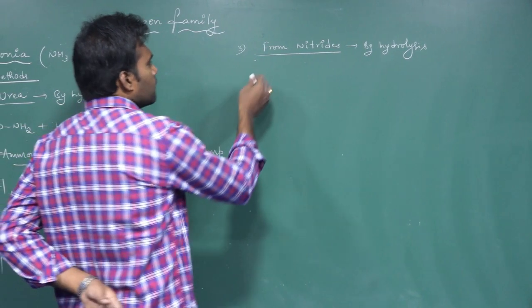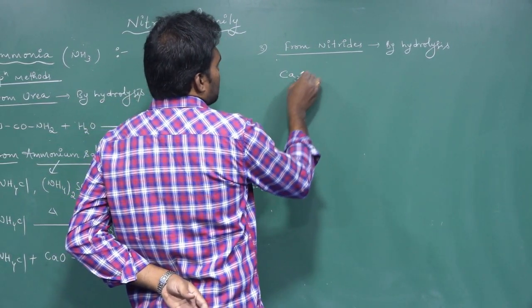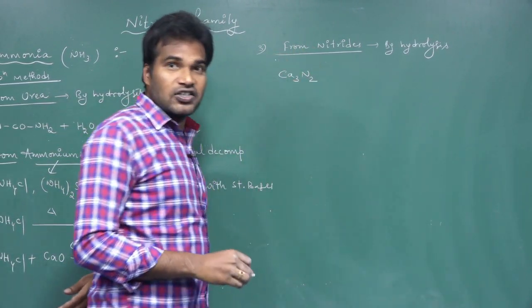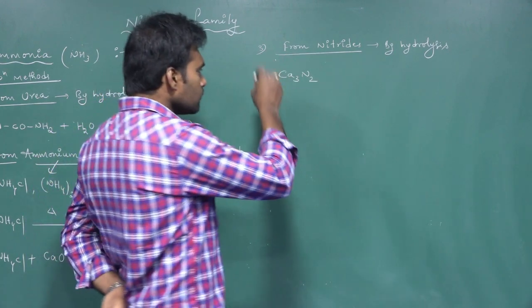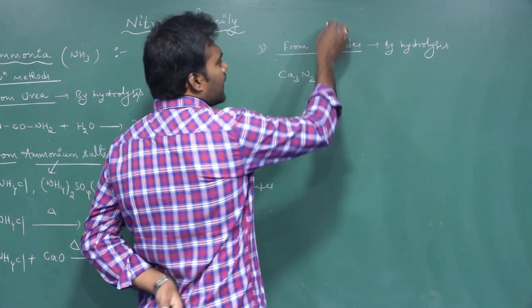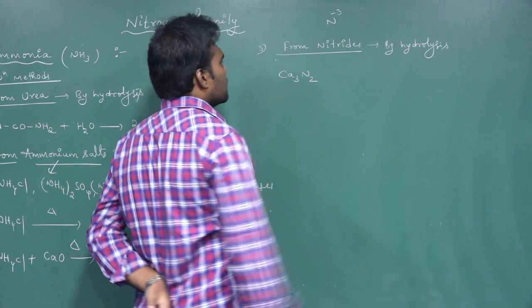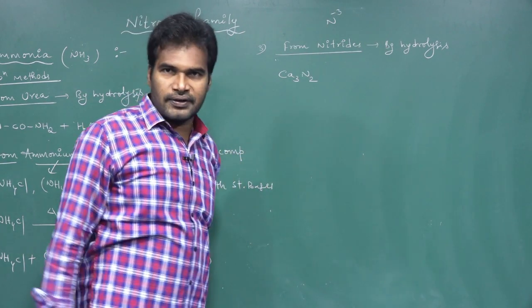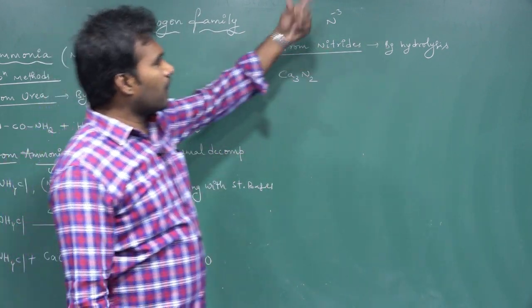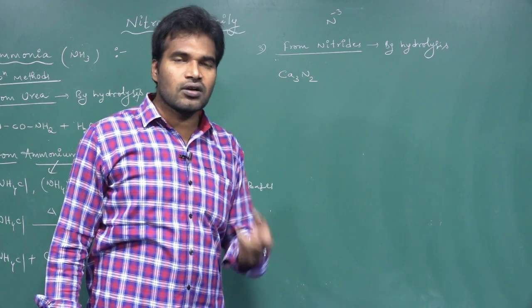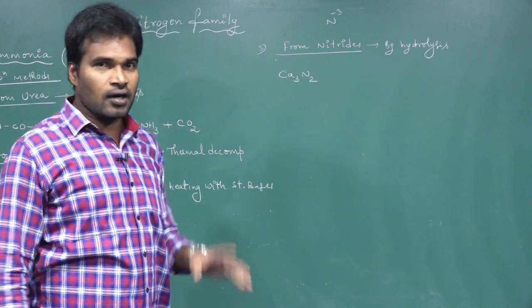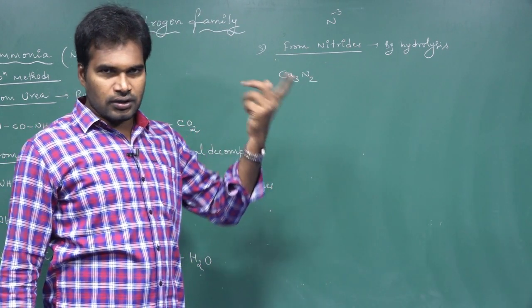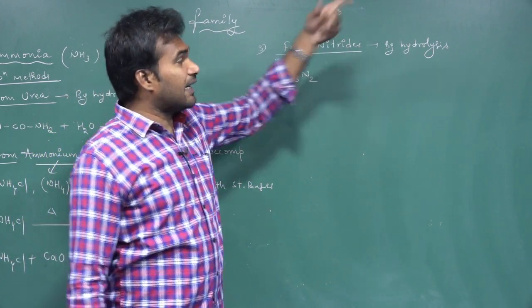So here I am taking calcium nitride, Ca3N2, calcium nitride. Nitride generally means nitrogen having -3 charge. Remember that. If the nitrogen has -3 charge, then that ion we call as what? Nitride ion. Not nitrite, nitrate. They are different. This is a nitride.